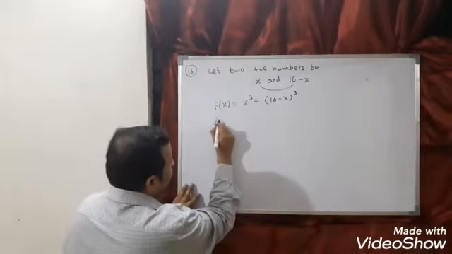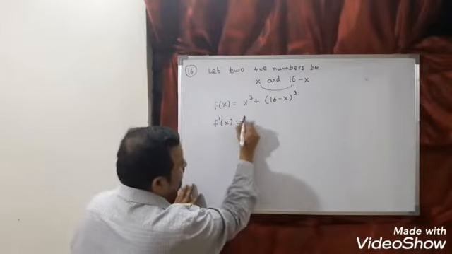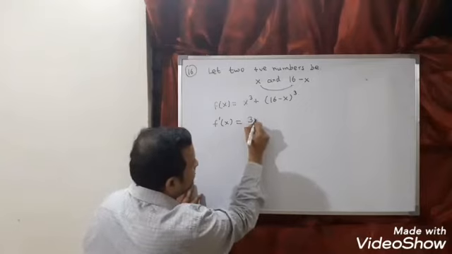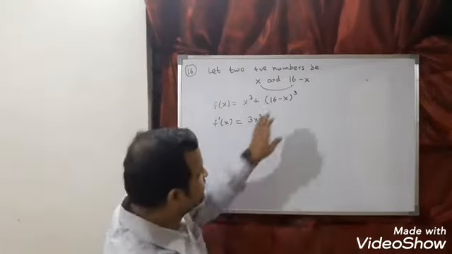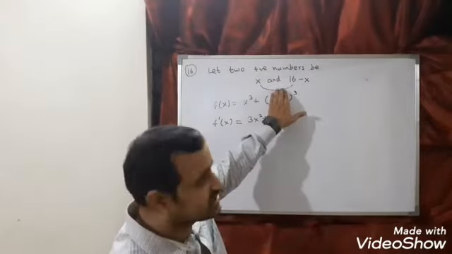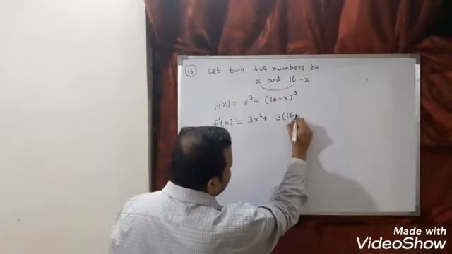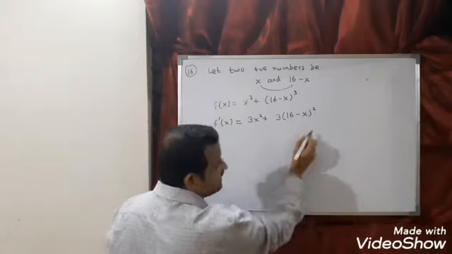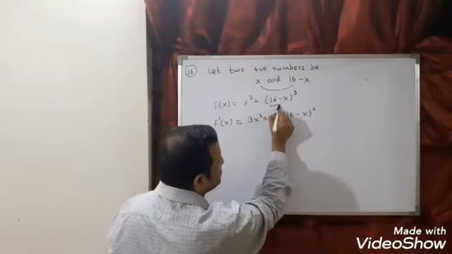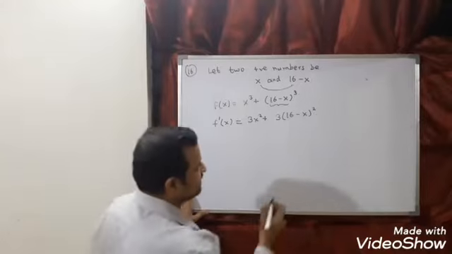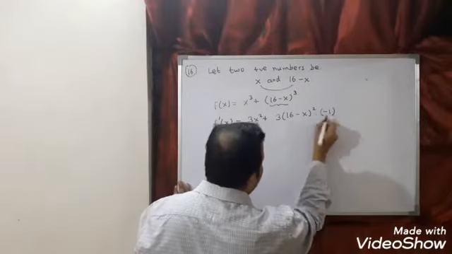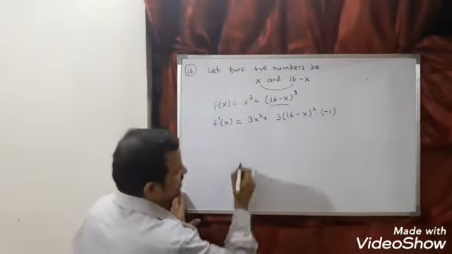So f dash x is equal to 3x square plus, assuming 16 minus x to be the variable, 3 times (16 minus x) whole square into the chain rule, differentiation of 16 minus x, which is minus 1. I think something we can take common.